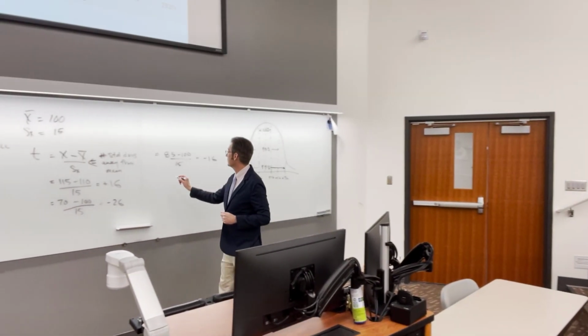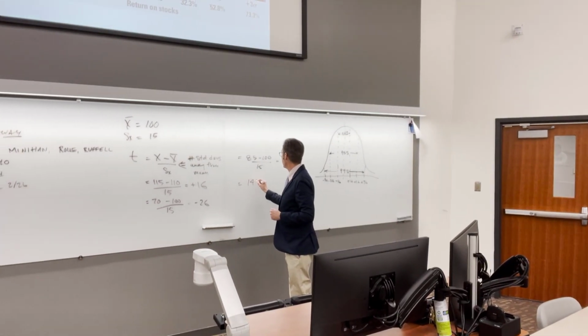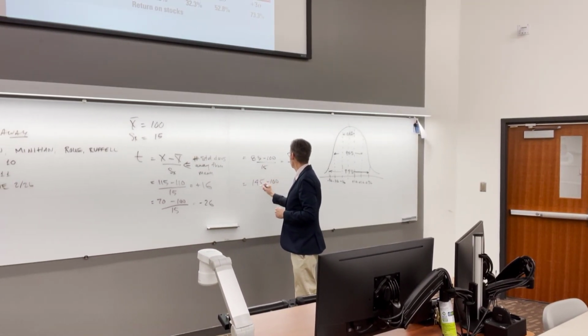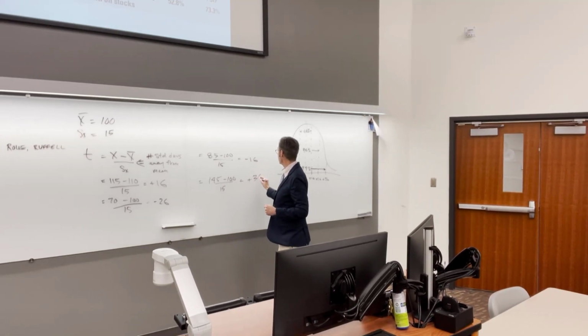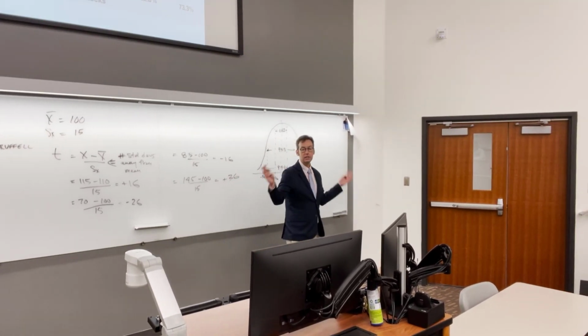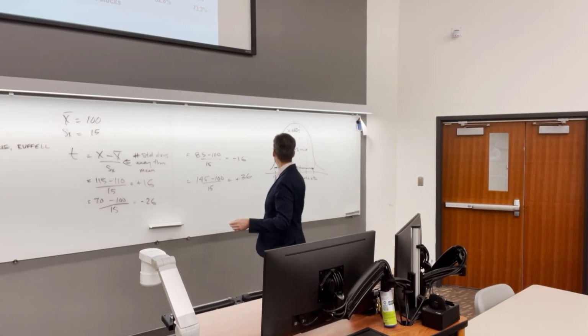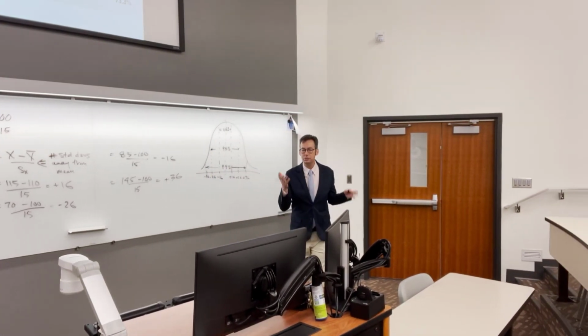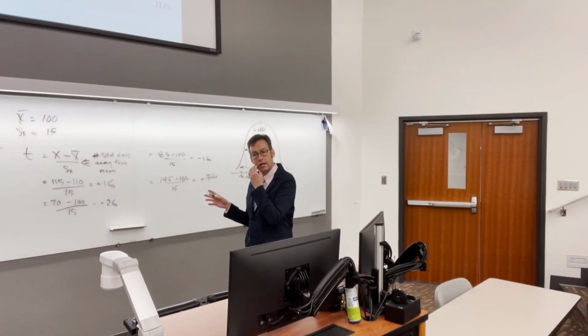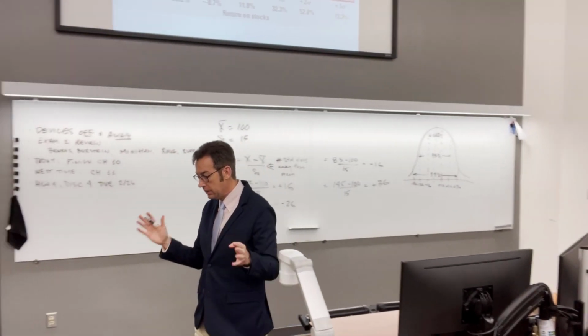So let's do the math here. 145 minus 100 divided by 15 is equal to plus 3 standard deviations. Okay, so we know that basically 99%, in fact, let's use the exact on this one. 99.74% are between those two.